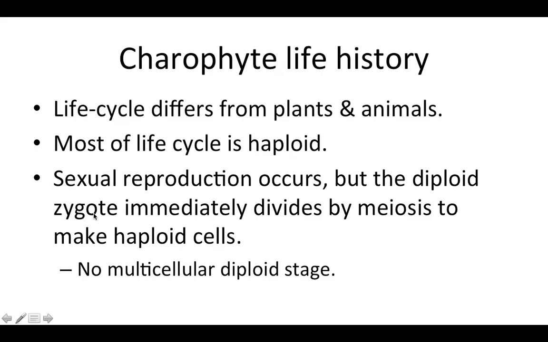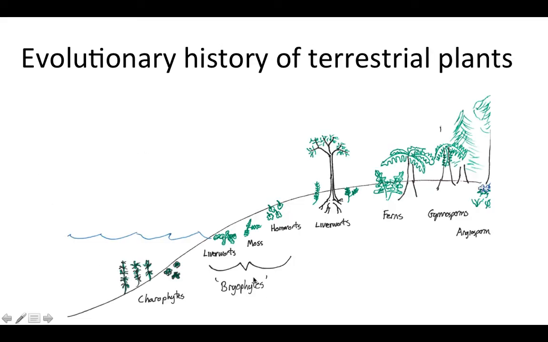So the only diploid stage in this whole life cycle is this one zygote cell that then, as quickly as it can, gets back to a haploid state. So if this is the charophyte life cycle, that means there's going to have to be a change as we go from charophytes to the terrestrial plants that do have a diploid stage.